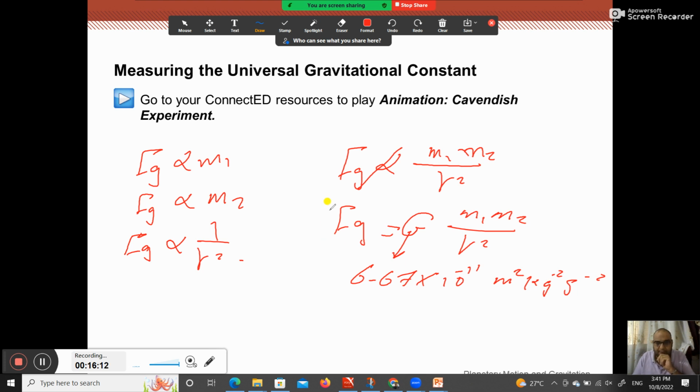So this figure represents the universal gravitational constant, universal gravitational law Fg خلاص, which is represented by the mass of two objects divided by the square of the distance between them.